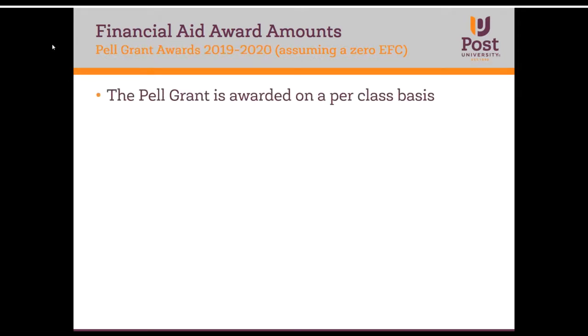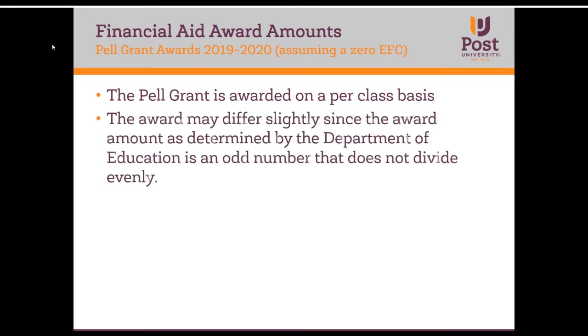So the Pell Grant is awarded per class. When you're originally awarded by your advisor, you're going to see a number, generally if your EFC is 0, of $6,195. That boils down to approximately $775 per class. Why do I say approximately?